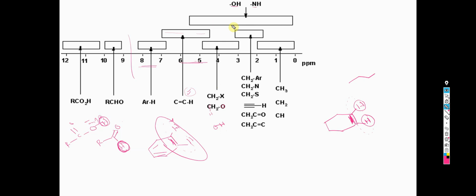And it's a very broad range, and the reason it's a broad range is because alcohols can hydrogen bond, right, and the hydrogens are very easily exchangeable. Therefore there's a huge range in bond lengths the OH bond or the NH bond can have because of hydrogen bonding. So since there's a huge variability in the bond characteristics, the ppm values in which they appear also are going to be quite broad.